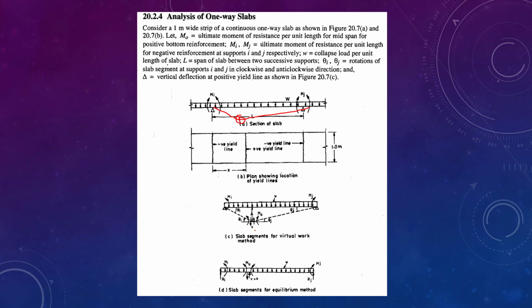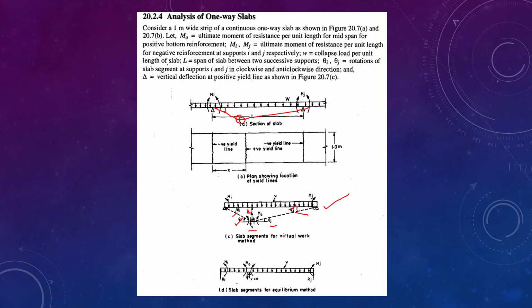Take this angle as theta I and this angle as theta j, and the vertical deflection here is delta. As this is theta I, this will also be theta I, and this theta j, this also theta j. These are the quantities we need for solving in the virtual work method.